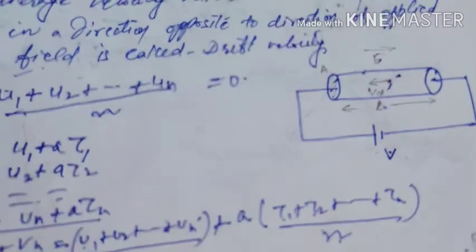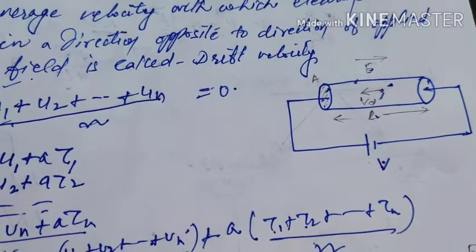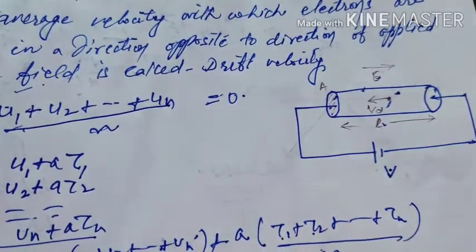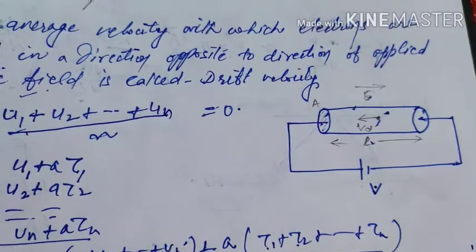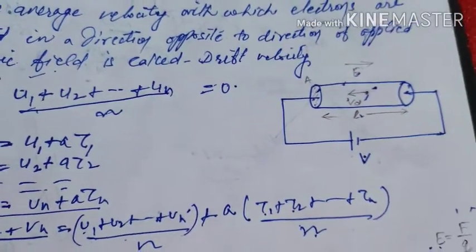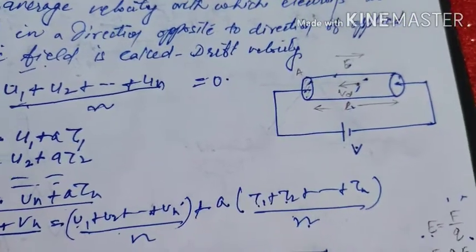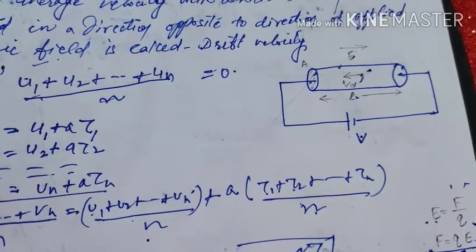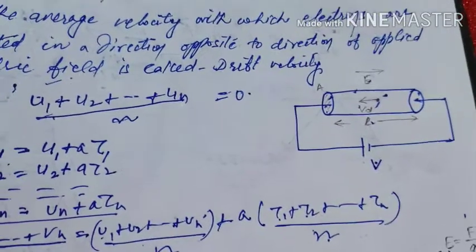As I have already told you that a conductor consists of large number of free electrons, and these free electrons remain in random motion in the absence of electric field. But when electric field is applied, they try to move in a direction opposite to that of applied electric field, and the average velocity with which they drift in a direction opposite to that of applied electric field is called their drift velocity.